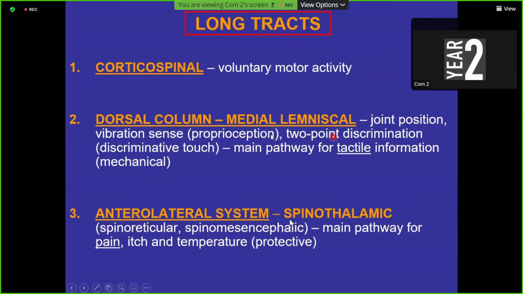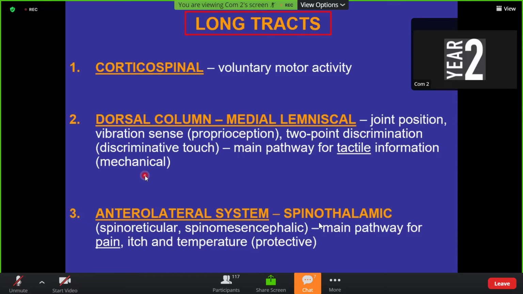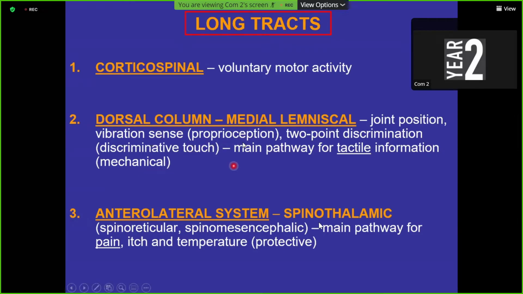It is important for true touch discrimination, vibration sense, and is the main pathway for tactile information, fine touch. So this is for fine touch, vibration, and proprioception. This is the function of the medial lemniscus or the dorsal column tract or fasciculus gracilis cuneatus.